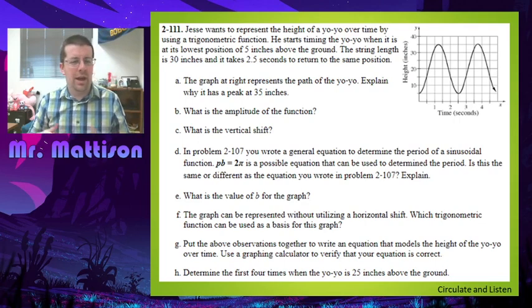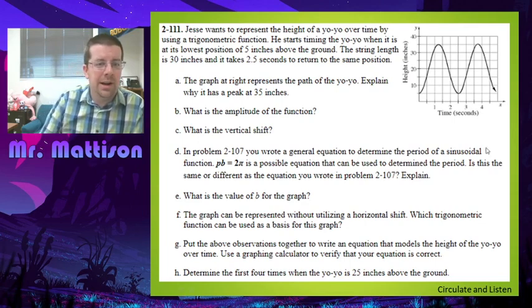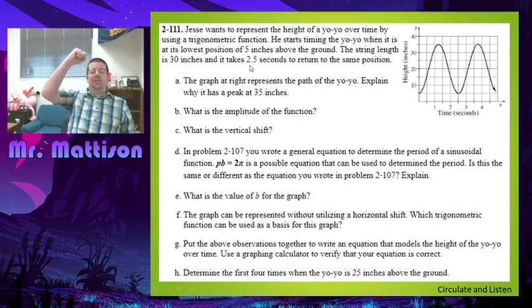So let's talk about how we could find the b value from here, because here we know the period, because it says it takes 2.5 seconds to return. So from top down and back up, that's a length of 2.5 seconds.